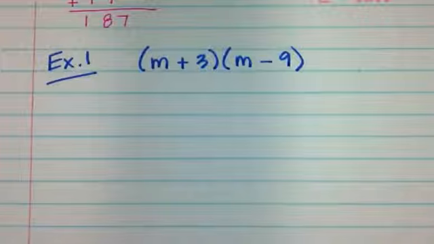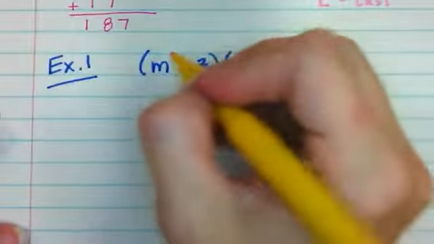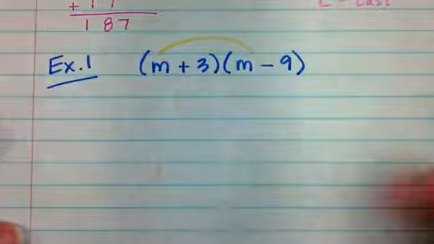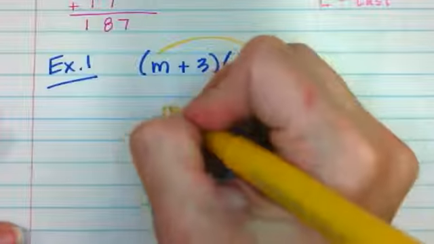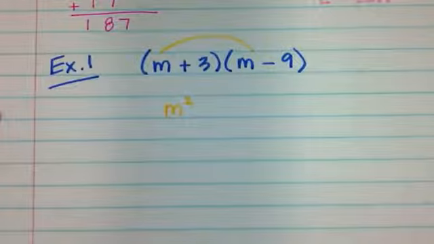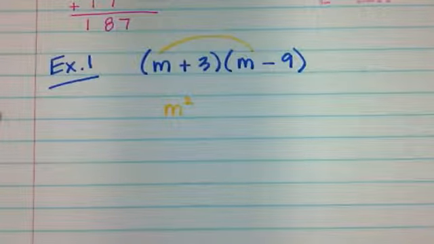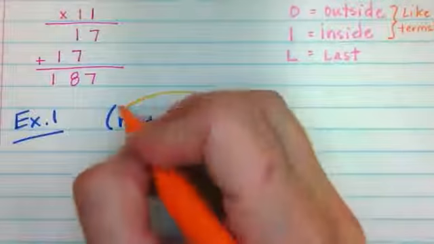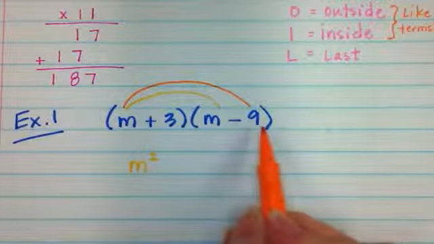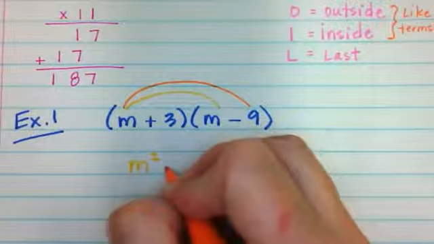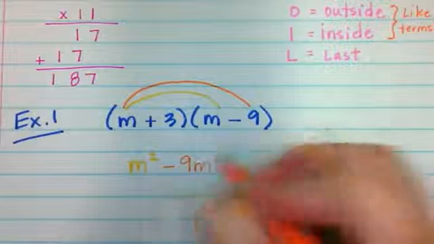First, we multiply the first terms together, so the m times the m is m squared. Then we multiply the outside terms together, so that's m times negative 9, which is minus 9m.